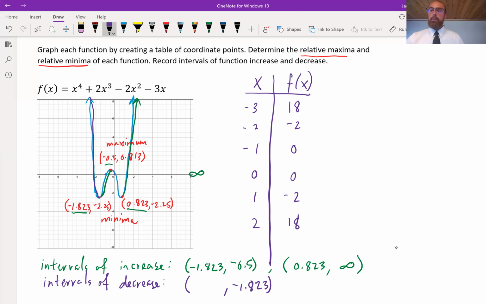So the question is, where does it start? Well, it started forever in the x direction, so it's negative infinity. And then we had one other interval of decrease, which was from the high top at negative 0.5 down to 0.823.